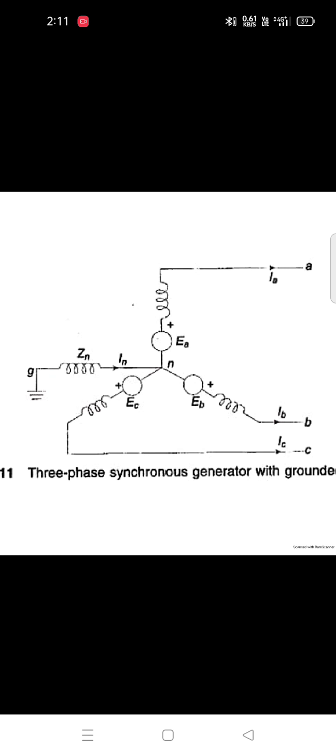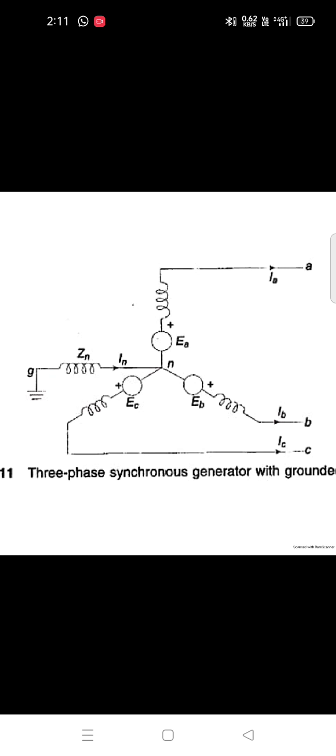When a fault takes place at the machine terminal, currents Ia, Ib and Ic flow in the lines. If the fault involves ground, then the currents flow through the neutral, so In equals Ia plus Ib plus Ic, flowing to the neutral from ground via Zn.